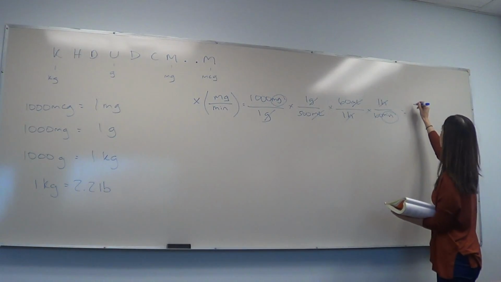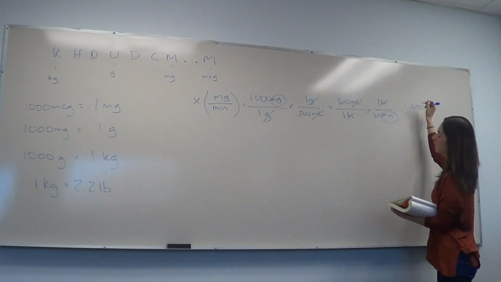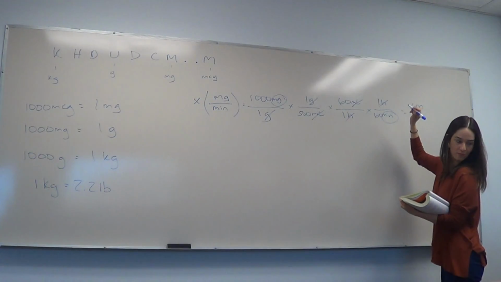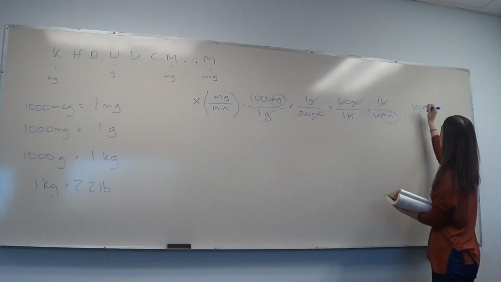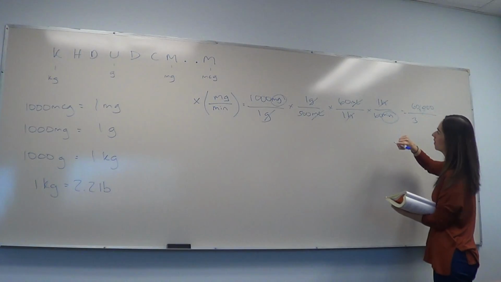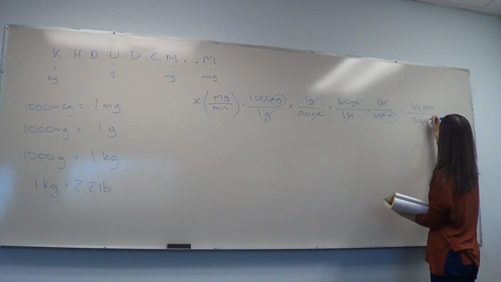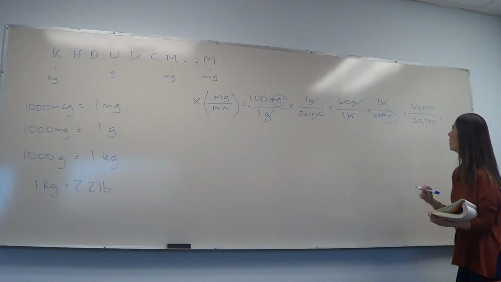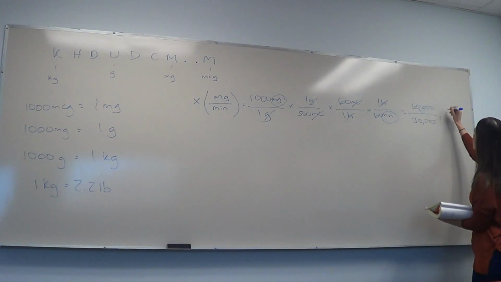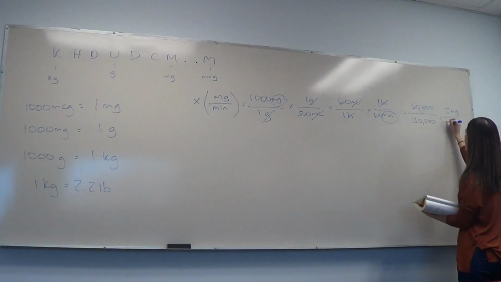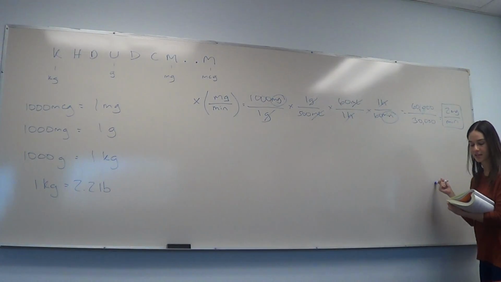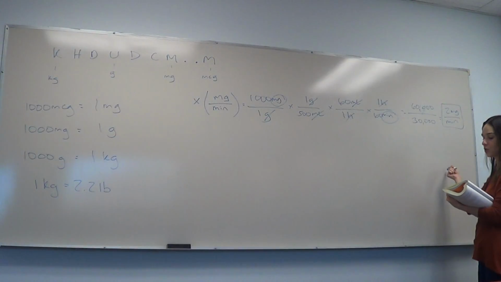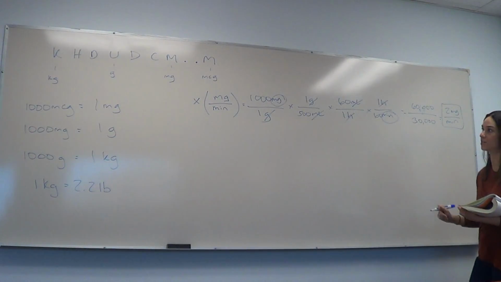That should be 60,000 divided by 30,000. And when you do that math, you should be getting 2 milligrams per minute. So it is saying that the client is receiving 2 milligrams per minute of the medication.